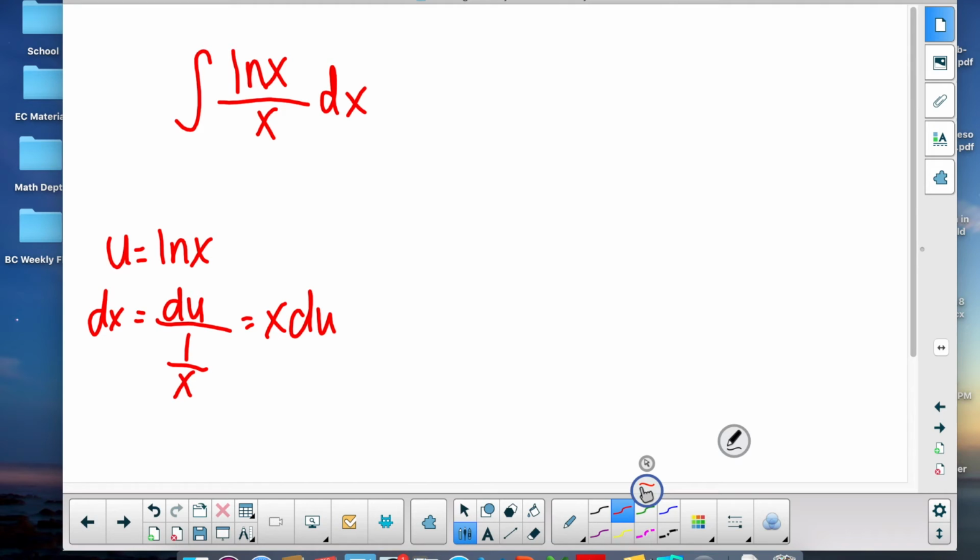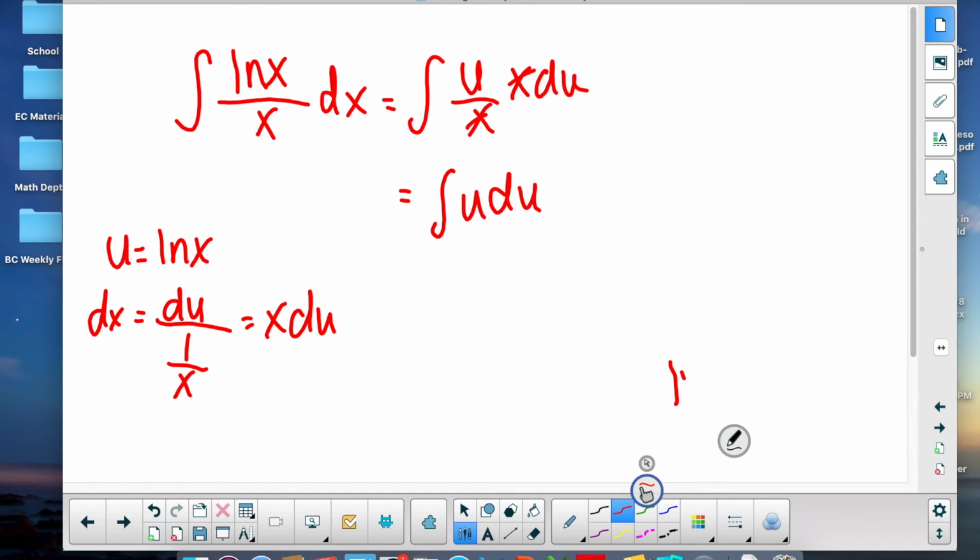Which means when I come up to here, that was my u. What's going to happen to the x's? They're going to cancel out. Simplification. And that's what I have.